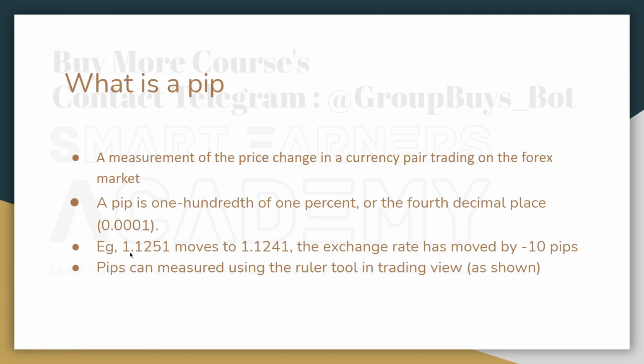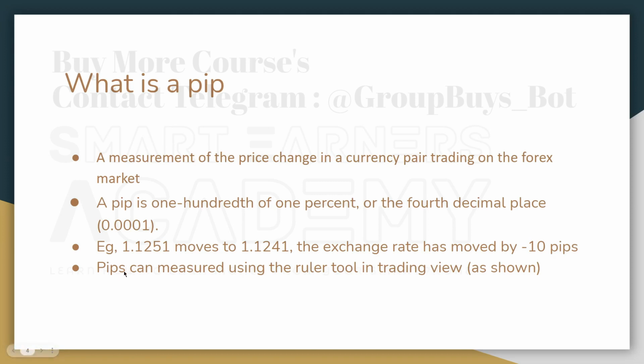So in an example, this would be 1 pip. Let's say the exchange rate for EUR/USD is 1.1251, and it moves to 1.1241. The exchange rate has moved by minus 10 pips, or it has moved down by 10 pips, because we started off with 1.1251 and now we're at 1.1241. So we have moved down by 10 pips.